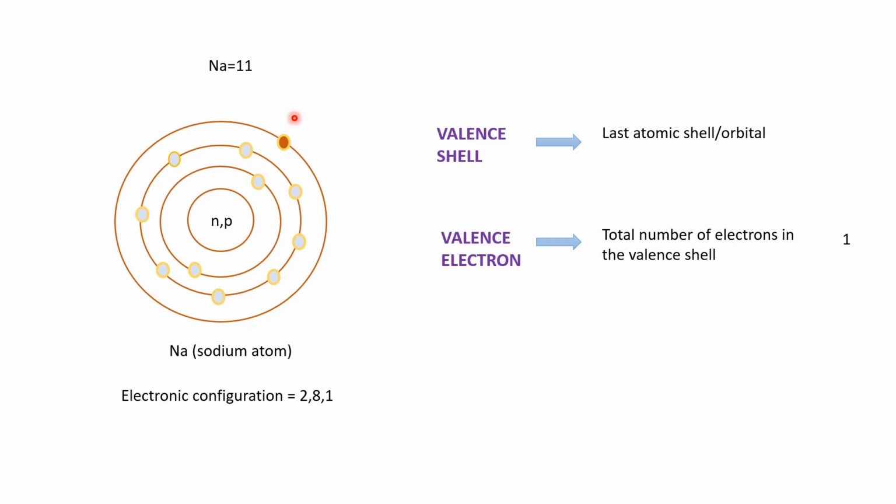Now suppose this 1 electron goes out of this atom. Why will this electron go out of this atom? The reason is, as I had explained earlier, in the third orbital the total electrons to be accommodated were 18. According to that, this atom is not stable in the electronic configuration 2, 8, 1.